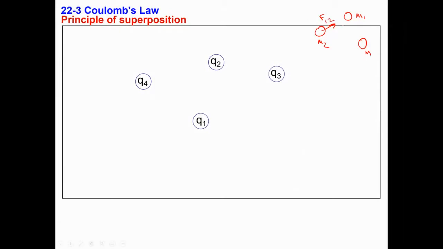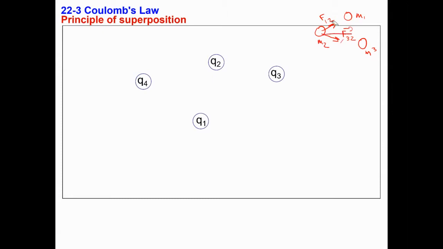And you can determine also the gravitational force of attraction, F, let's call this 3, due to 3 on 2. And then you can add the two vectors. You do the vector addition and you add them.